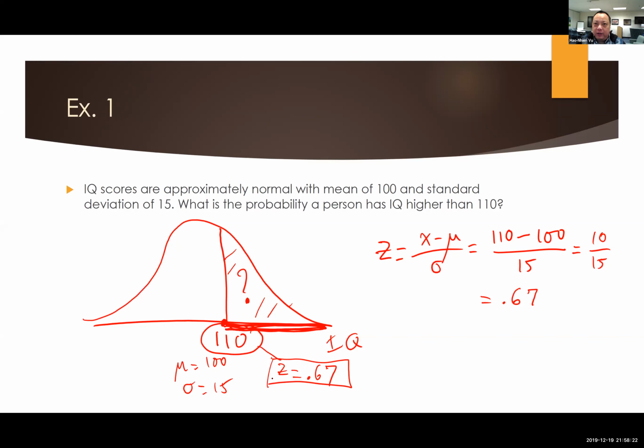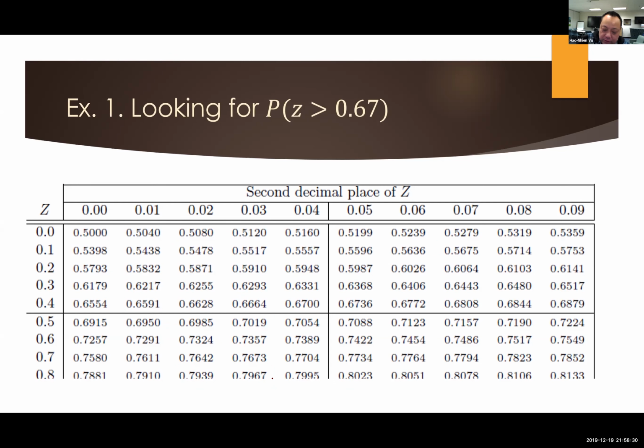It came from the 110, and that 0.67 ought to be on the edge. So z is equal to 0.67, and that gets me this probability, this area. Okay, so the probability is 0.7486.